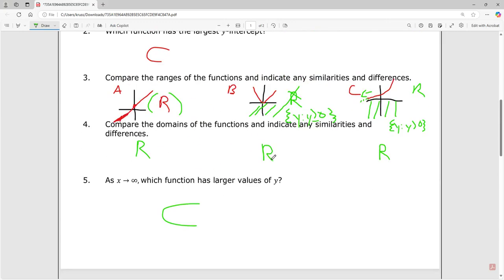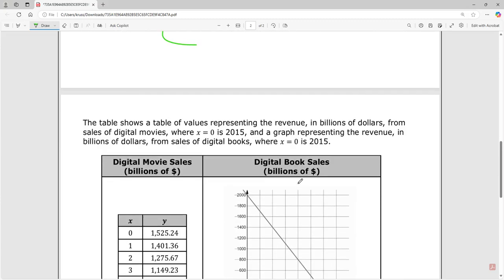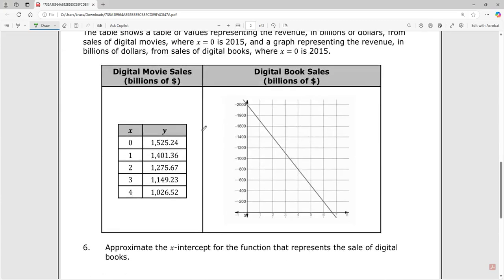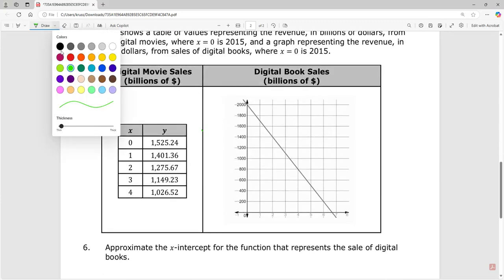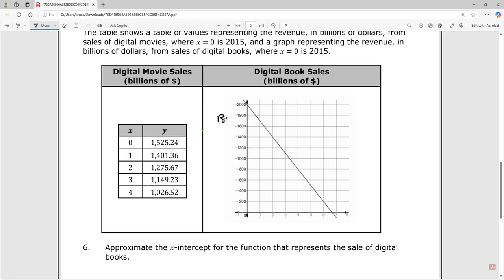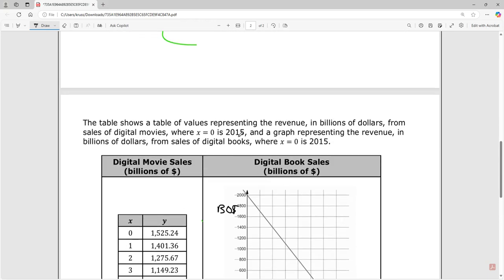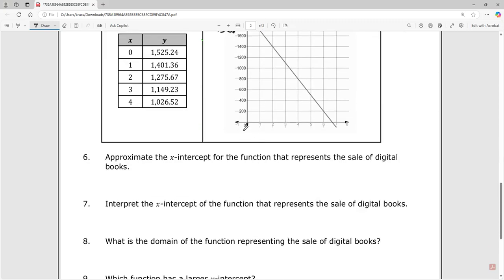Okay. All right. So here is a table representing revenue in billions of dollars. So this is billions. Let me change. I don't like to. This is billions of dollars. Okay, billions of dollars, right? And this represents X, which is 2015. This is year 0 at 2015.